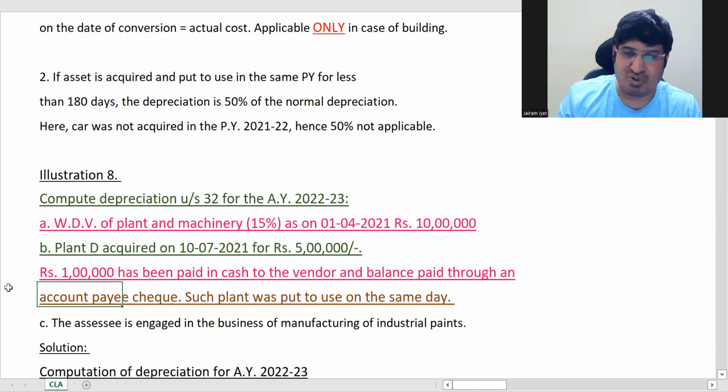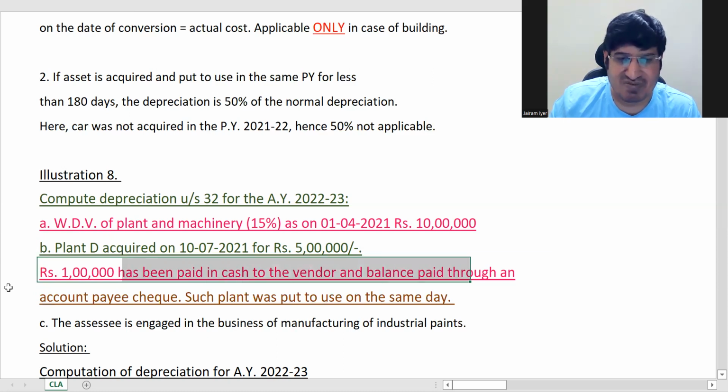Such plant was put to use on the same day. He paid 1 lakh in cash. So what will be the effect of it?